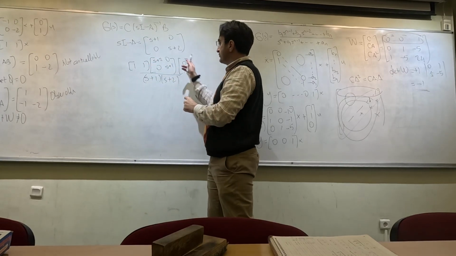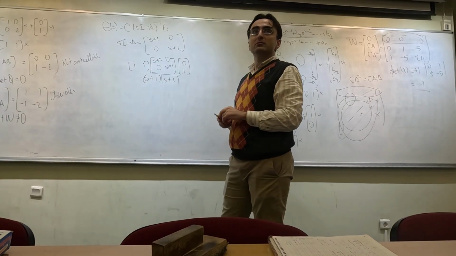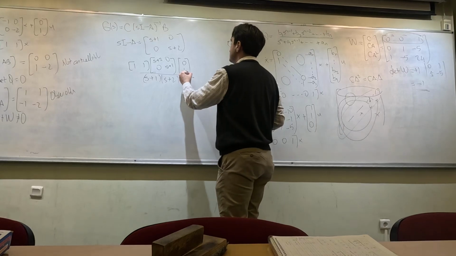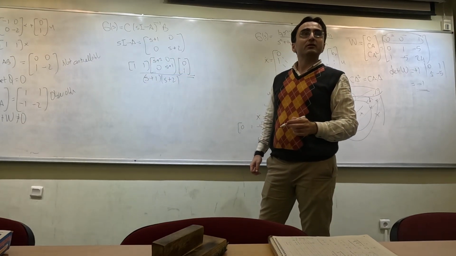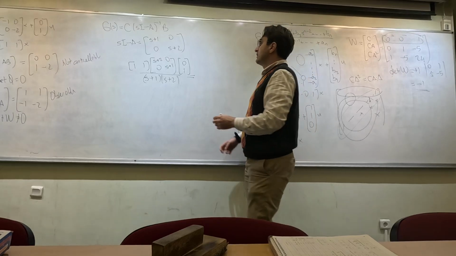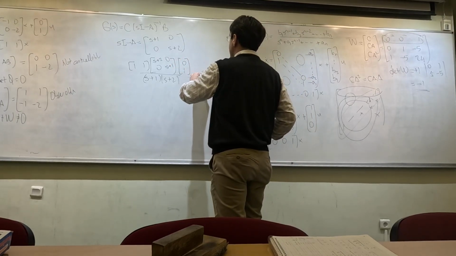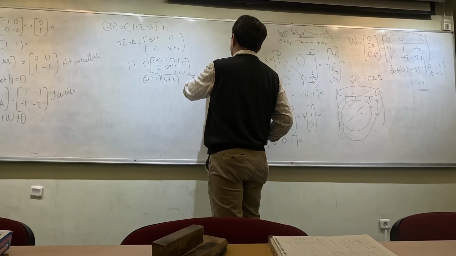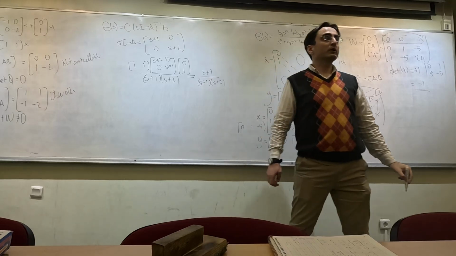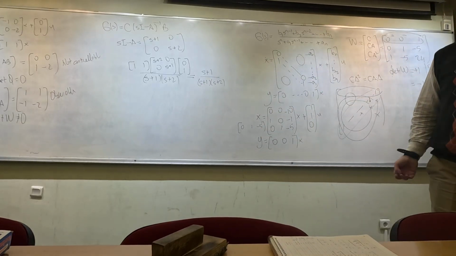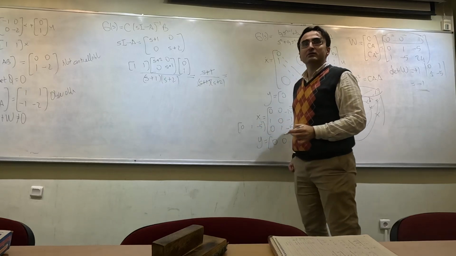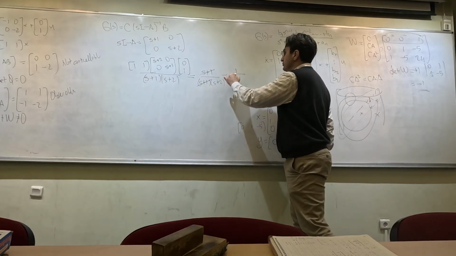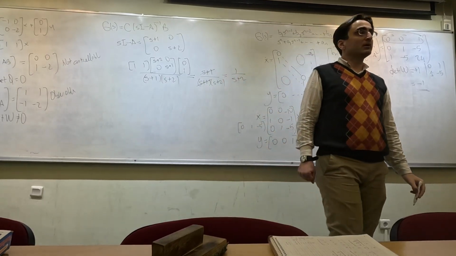What is the result of this multiplication? The numerator, I am asking the numerator. It is going to be just s plus 1, okay? Over (s plus 1)(s plus 2), okay? So we see here that these s plus 1s are actually cancelling, okay? And the transfer function turns out to be 1 over s plus 2.